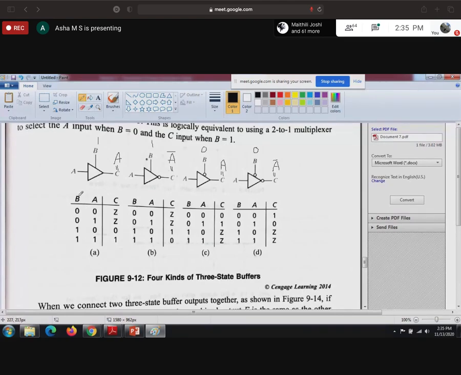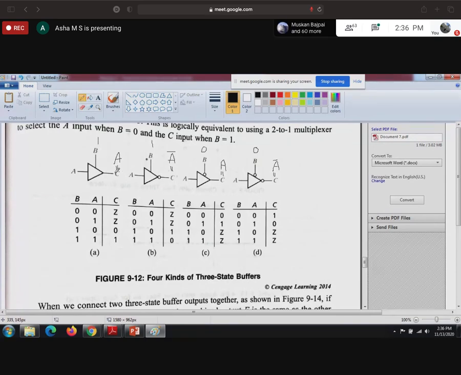So we look at the first one. The buffer will be enabled when b equal to 1. So what will be the value of c? The value of c will be the same as a. Okay. So when b equal to 0, no need to worry about the a value, because the buffer itself is not enabled. So what will be the output of C?